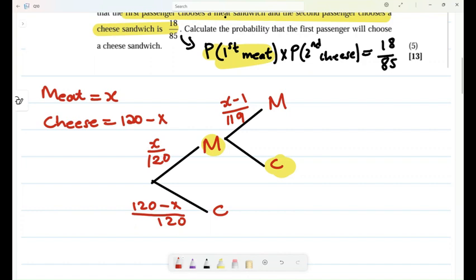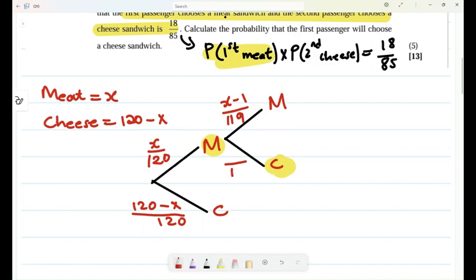He took one of the meat sandwiches, which was x, then the second one chose meat again. So it should be whatever this value is minus 1. If this value is 50, here it's going to be 49 because this particular person is taking again. Okay? Yes. Therefore, the division here is by 119 because they already took meat.